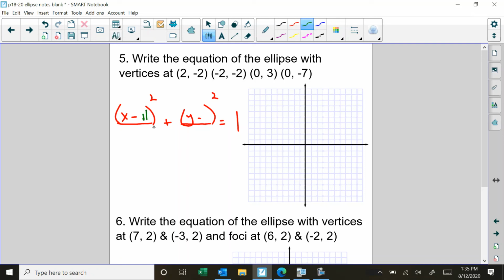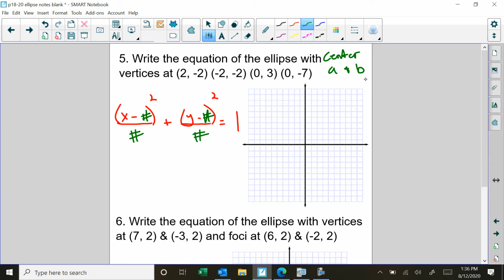You're going to need a number here, a number here, and a number in the denominator for each of those places. So you're going to need a center, and you're going to need the A and the B that are your denominators. Those are the four numbers you need: an H value, a K value, an A and a B value.